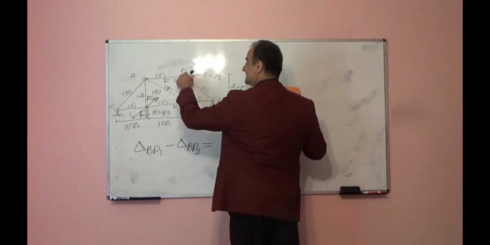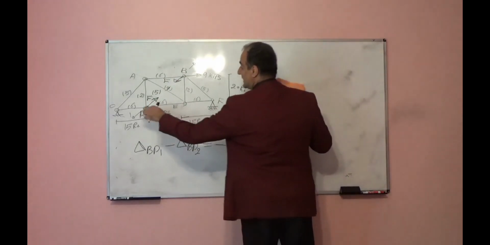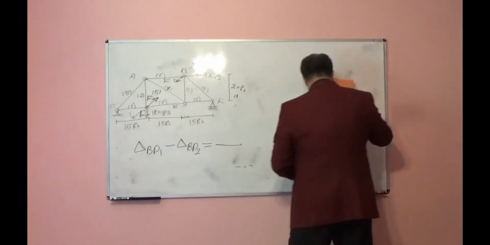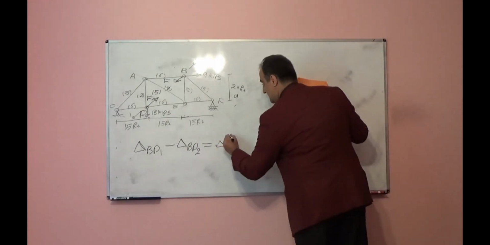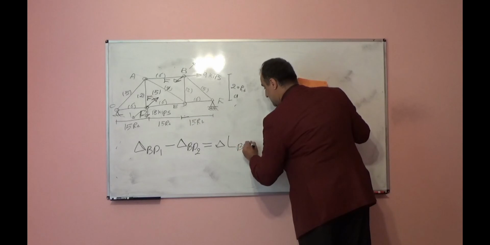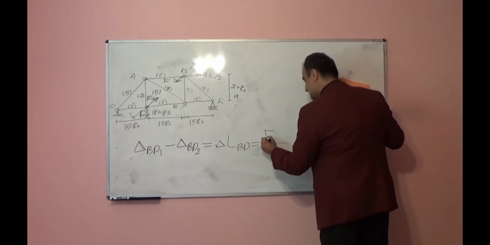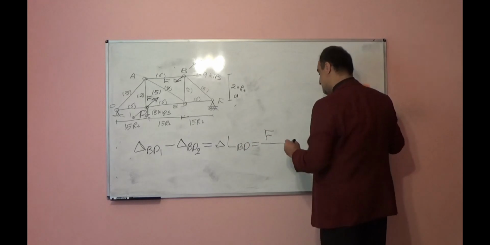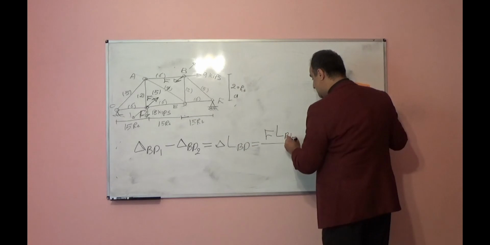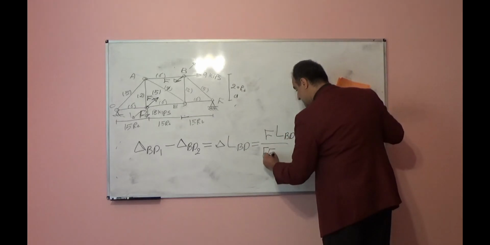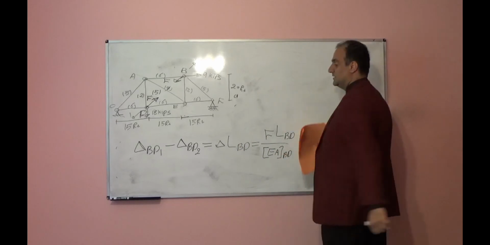Finally, the relative displacement of B with respect to D will be equal to the elongation of member BD. That elongation of member BD will be the internal force in member BD, which we assume is F, times the length of member BD divided by EA of member BD.